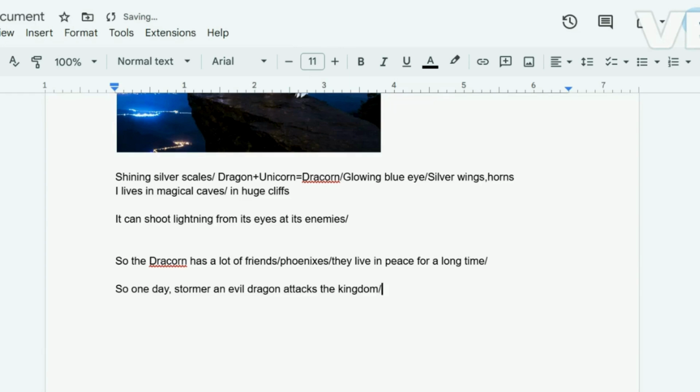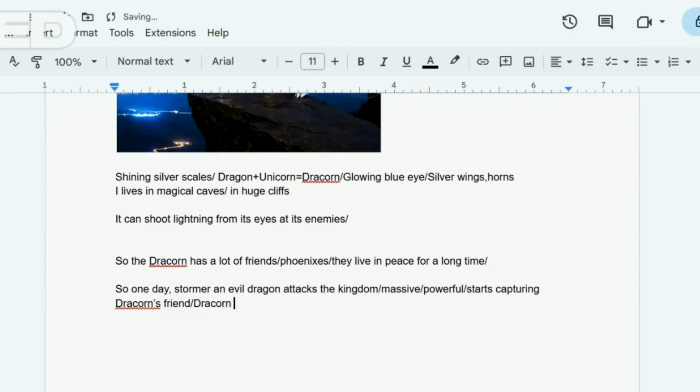So the dragon is massive and very powerful. It starts capturing Dracon's friends. Oh, now what will Dracon do?